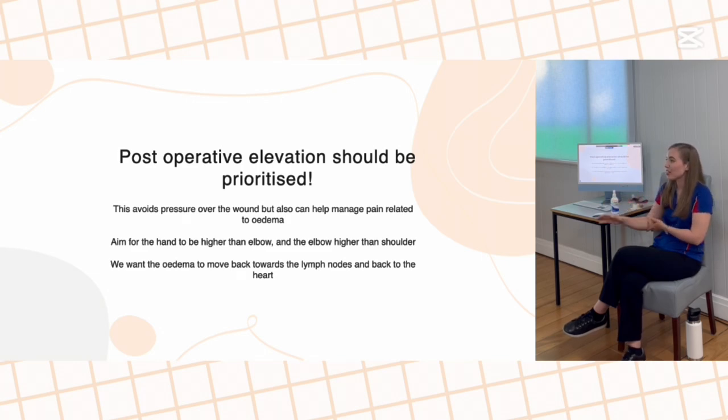We just want to have it nice and comfortable. Especially that first 2 weeks, it makes a big difference. After that, people stop doing it as much, but the edema isn't changing so quickly like it does in that first week. And then we want the edema to leave, go through the lymph nodes, go back to the heart.